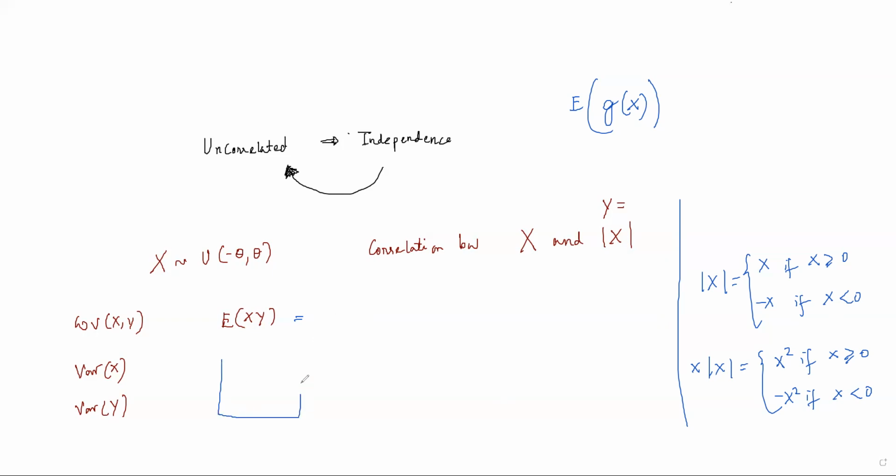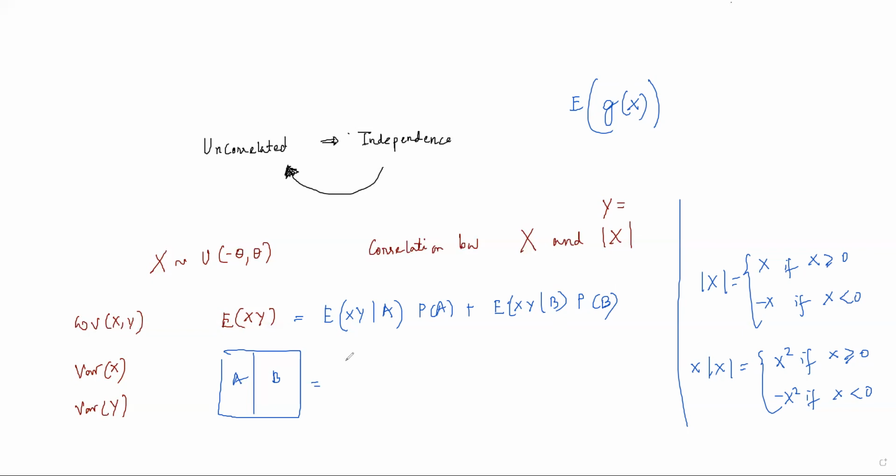If the sample space can be divided into two parts A and B, we can write the expectation of XY given A times probability of A, plus the expectation of XY given B times probability of B. These two mix up the entire sample space.